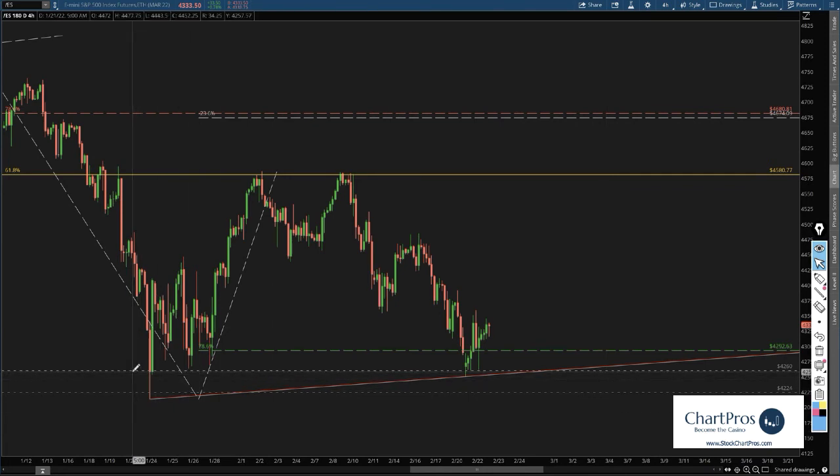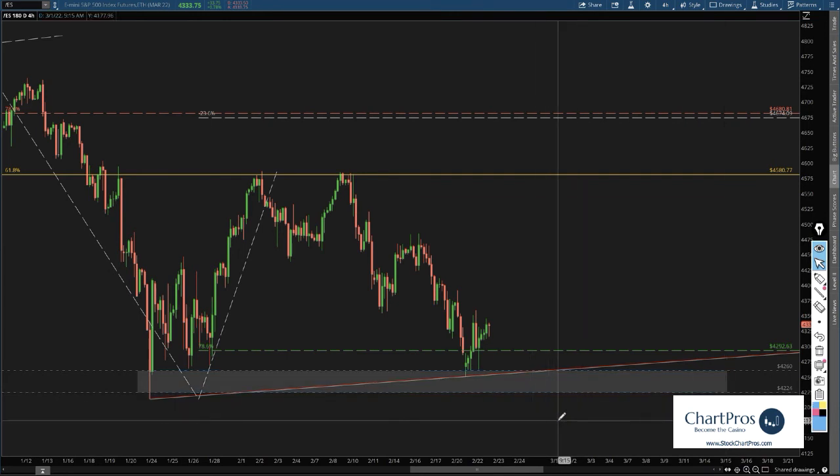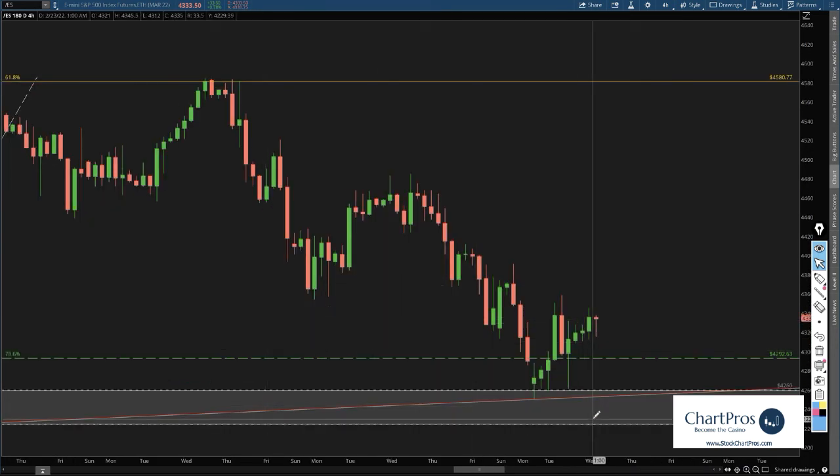Right here. That's held, and what I have experienced in my trading career is levels hold until they don't. Okay, and so price could hold here and go back up.